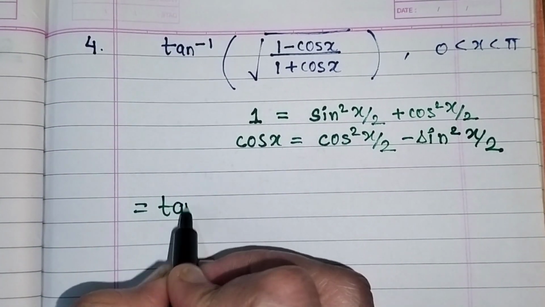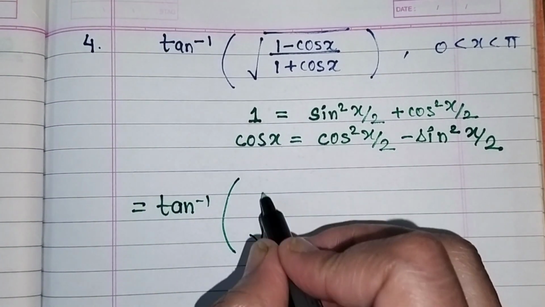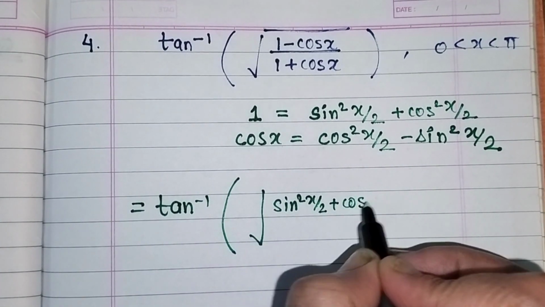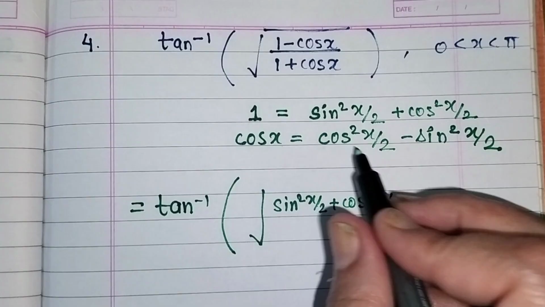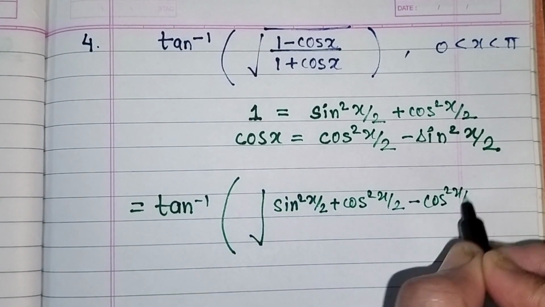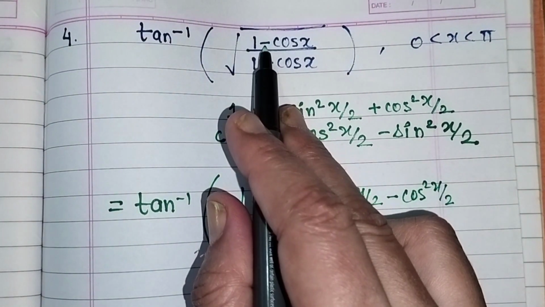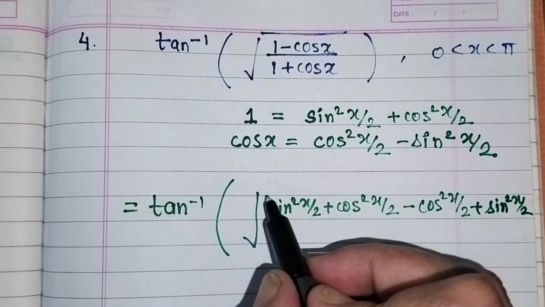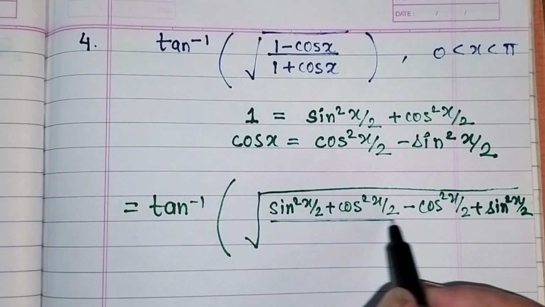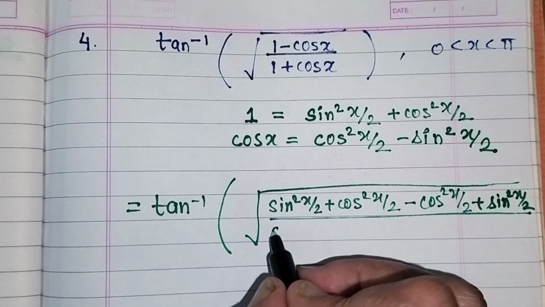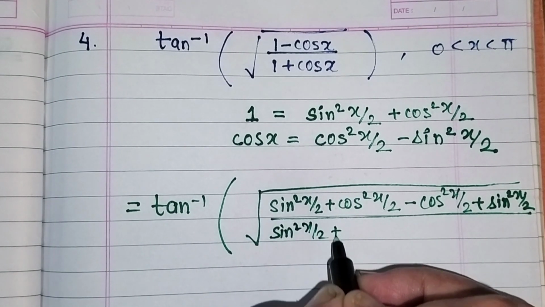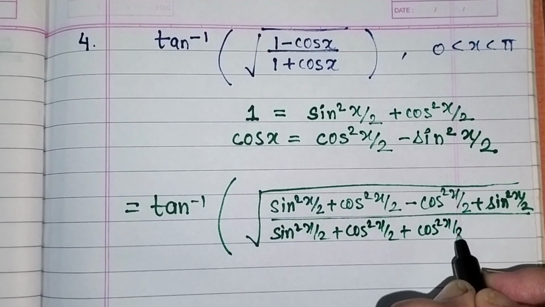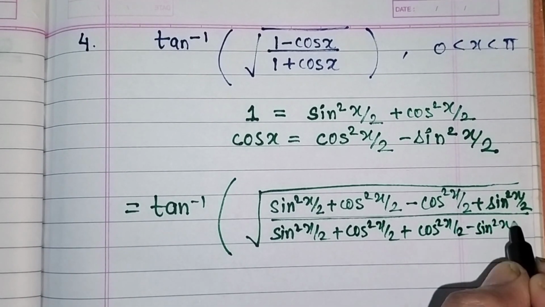So we have tan inverse under root. For 1 we will write sin square x by 2 plus cos square x by 2 minus, for cos we will write cos square x by 2 and then minus, and this minus minus becomes plus sin square x by 2. Same way in the denominator it is sin square x by 2 plus cos square x by 2 plus cos square x by 2 minus sin square x by 2.